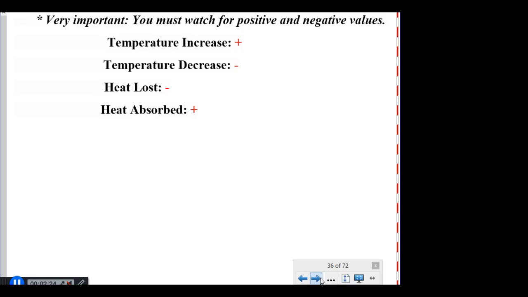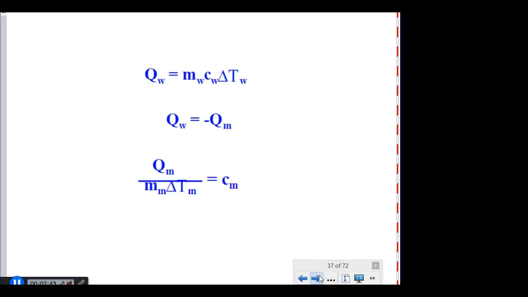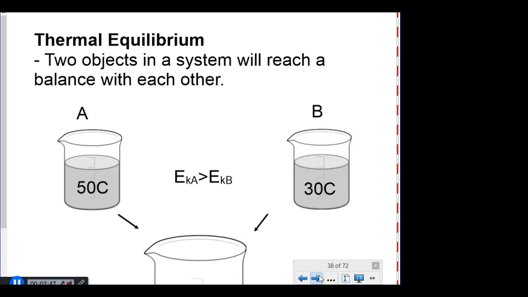If it tells you that it loses heat or that it decreases temperature by 20 degrees Celsius, you might have to remember to add that negative. We'll skip this for now. We'll come back to it.